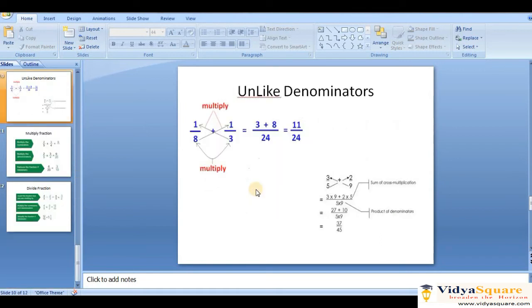Next, what happens when the denominators are unlike, when they are different? In this case we perform a cross multiplication.